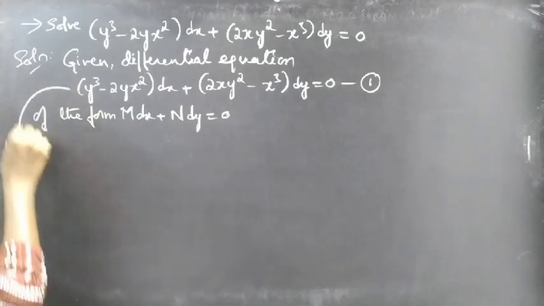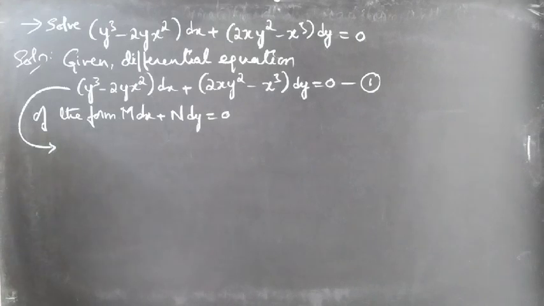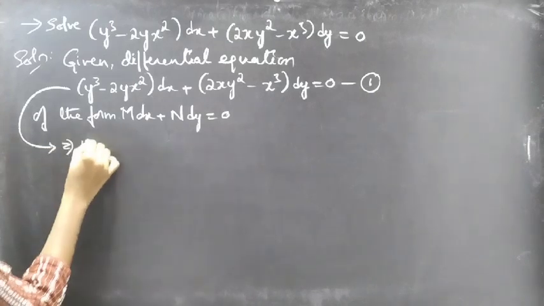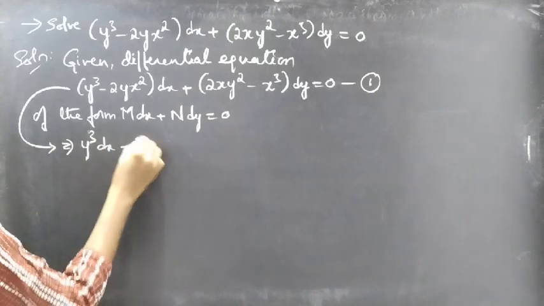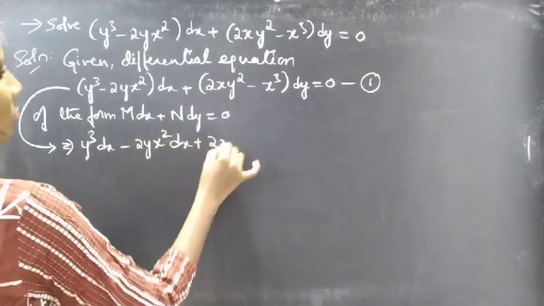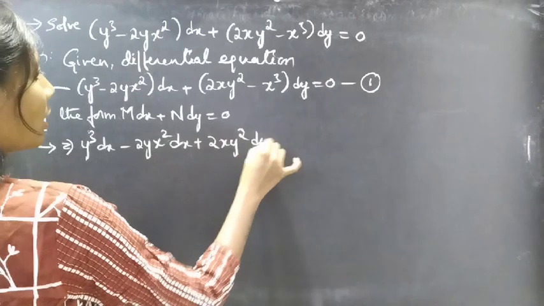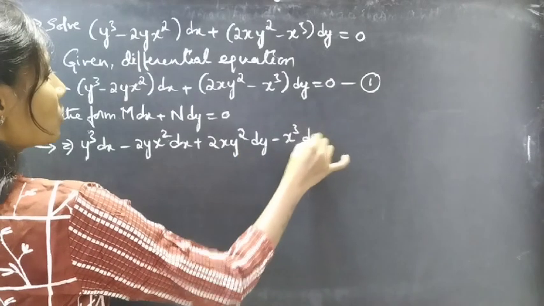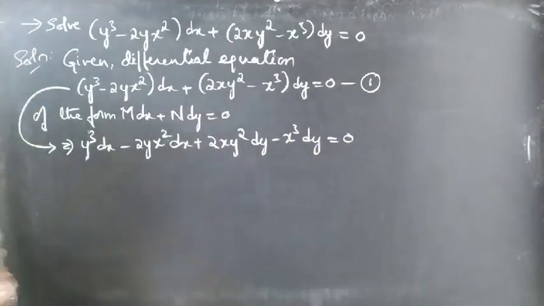Now we can write the above equation as y cube dx minus 2y x square dx plus 2x y square dy minus x cube dy equal to 0, right?